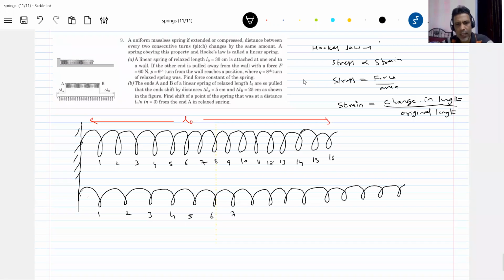So this will be 7, 8, 9, 10, 11, 12, 13, 14, 15, 16. So now this is the distance L6, no? So it got displaced. So how much is the spring force? For that I'll apply a force.